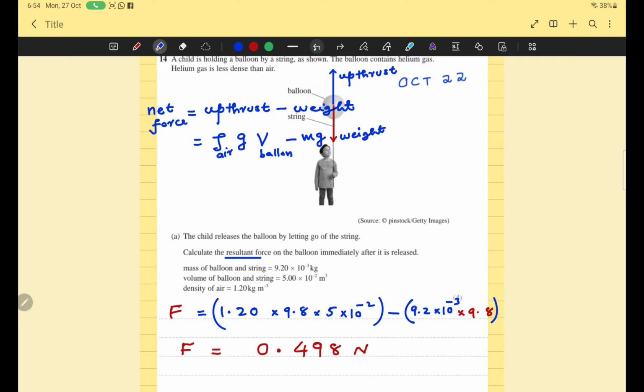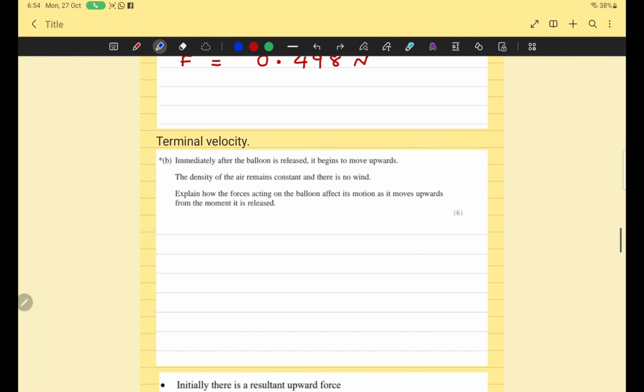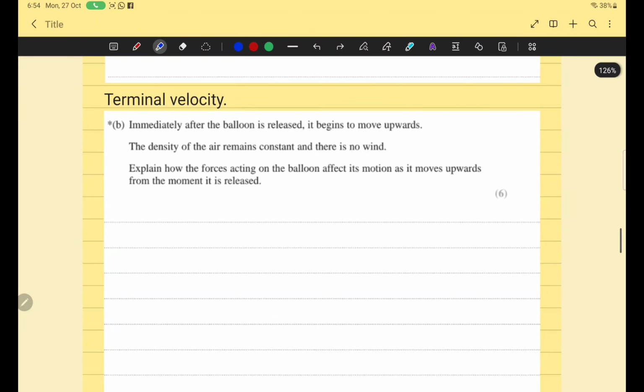When we released the balloon, we calculated the resultant force right now. If I ask you after 10 seconds to calculate the resultant force, then one more force will be acting on the balloon. Can you tell me which one more force will be in action? No, okay, I'm going to explain, because that force we are going to use in the next part of the question.